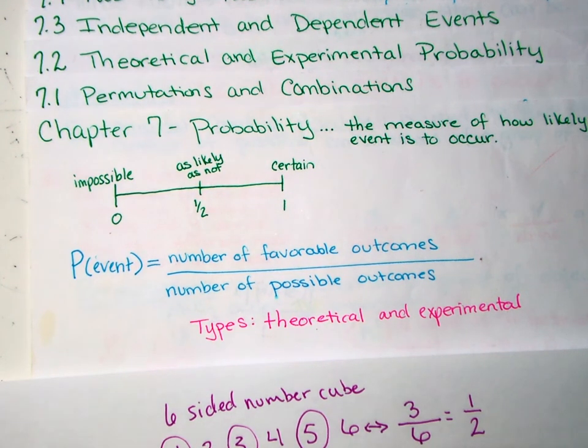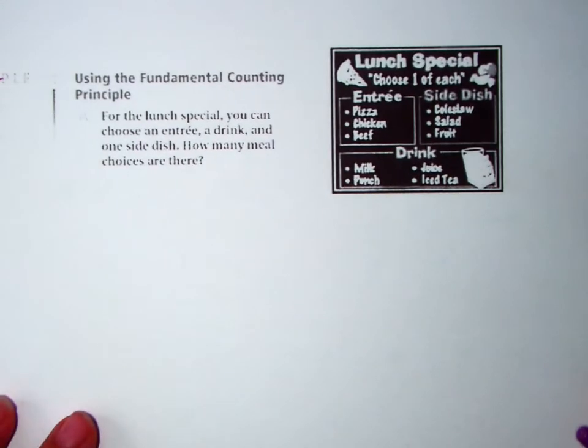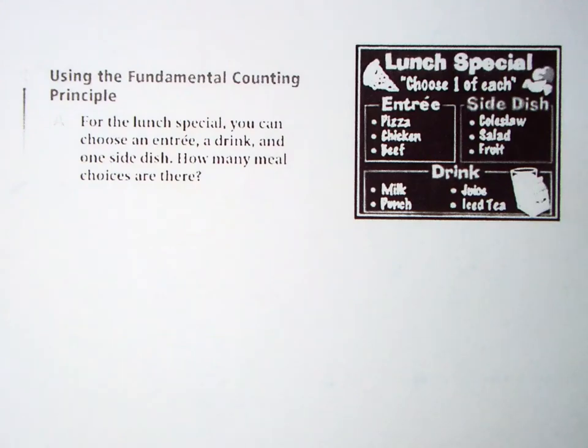All right, so let's start with our first example. Let's move this out of the way. Our first example is right here. Okay, let me zoom in a little bit. All right, so the fundamental counting principle. Well, let's get this written first.